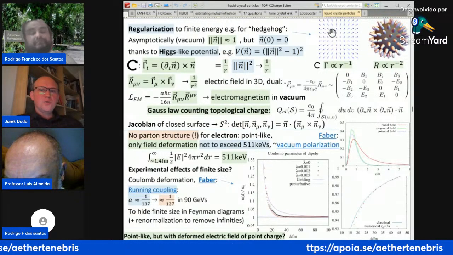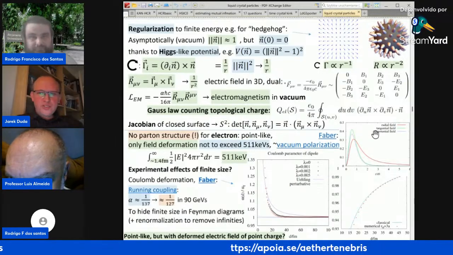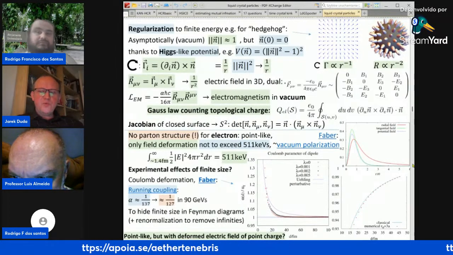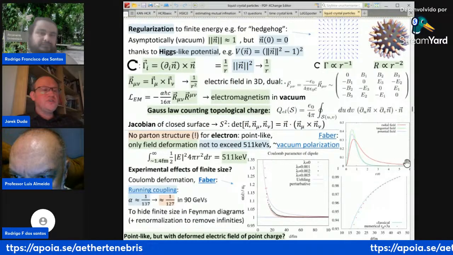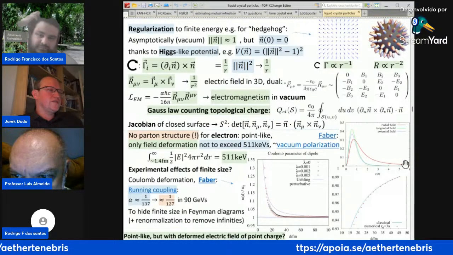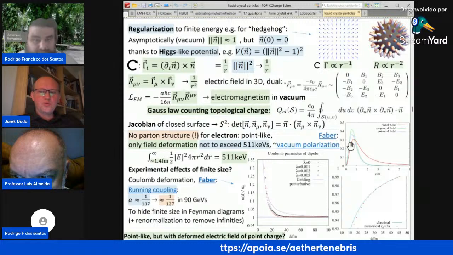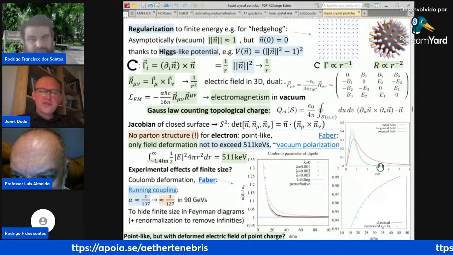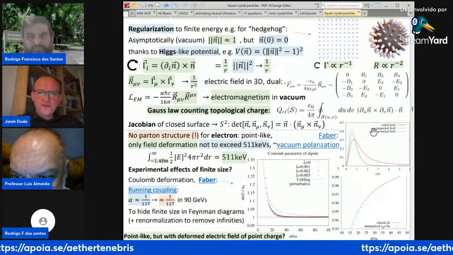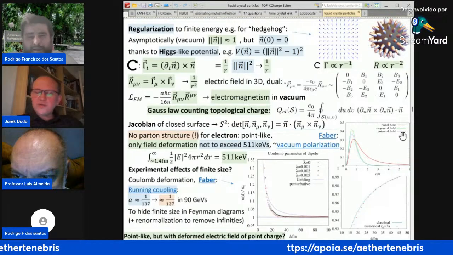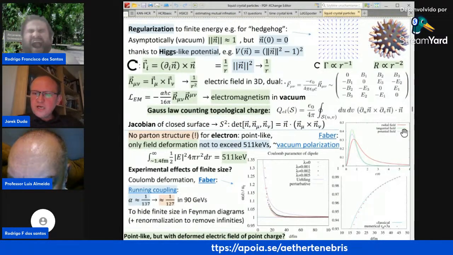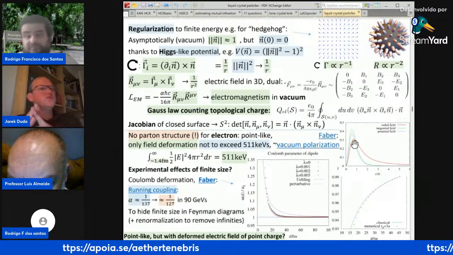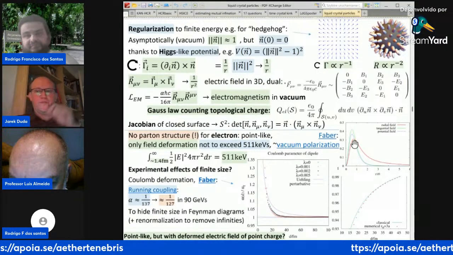If you look at energy, here is some energy plot. The red line is just electromagnetic, the energy of the electric field. It would go to infinity at zero without regularization. Instead, it activates the potential field, the blue one, and tangential means the derivative changing the distance, the length of this vector.